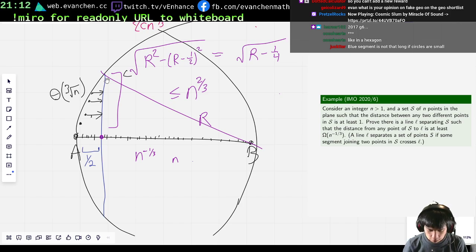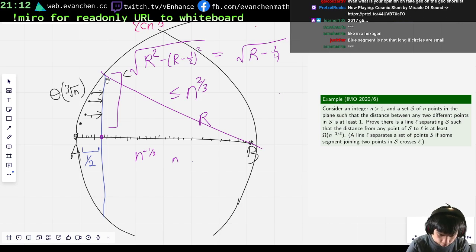Okay, I get it. So the number of points is large. It's like the number of points is on the order of theta cube root n. This segment is not that long though, and so I have a lot of points.